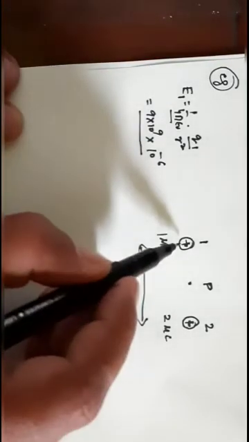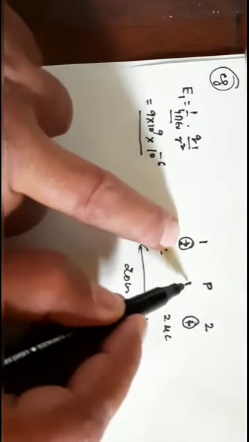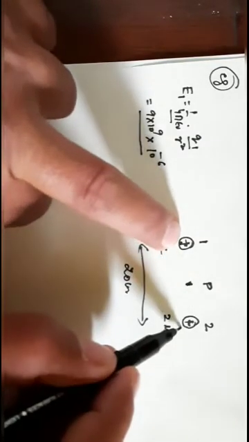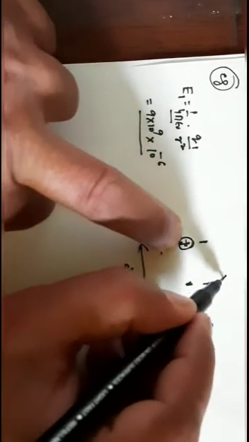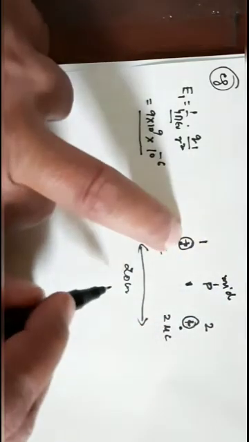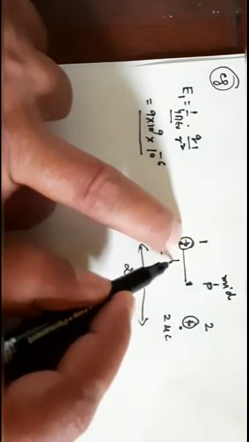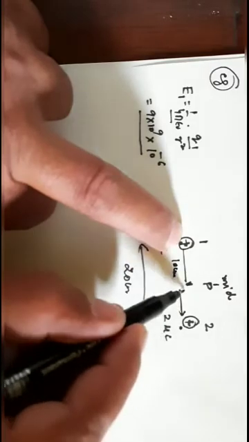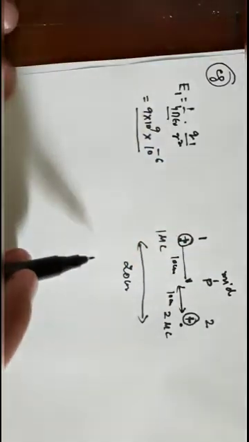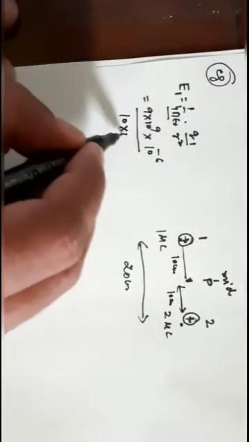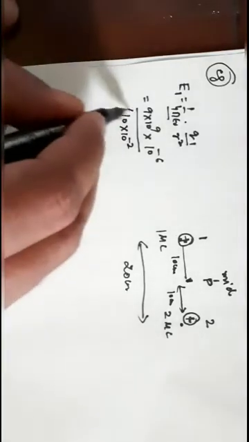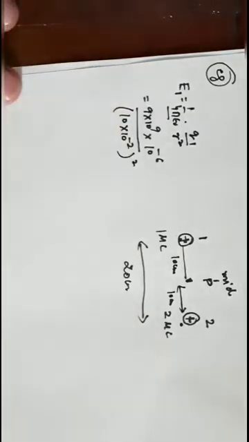R is the distance of the charge from the point of observation. If this distance is 20 and P is at the midway, then it will be 10 centimeter, and this will also be 10 centimeter. I change it to meter by multiplying by 10 raised to minus 2, squared.